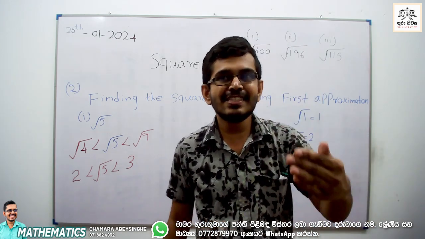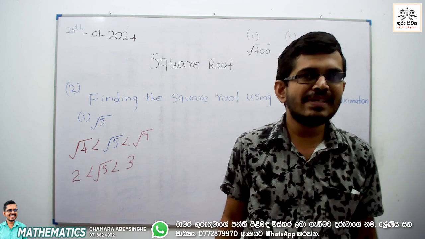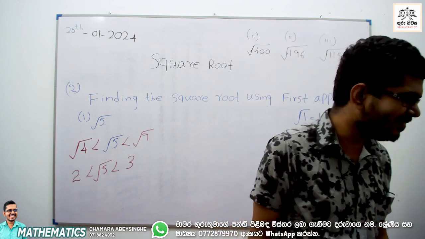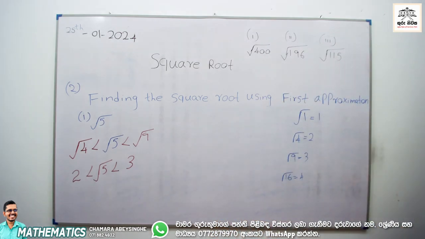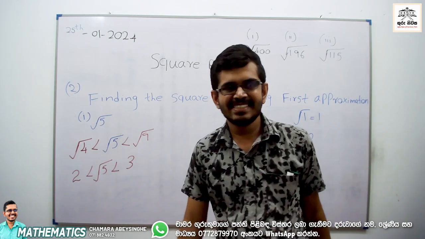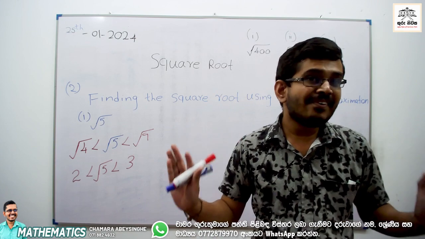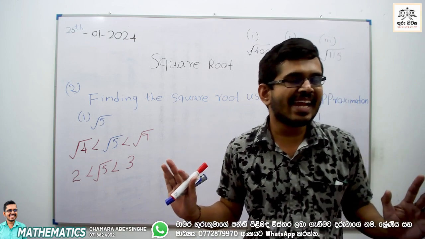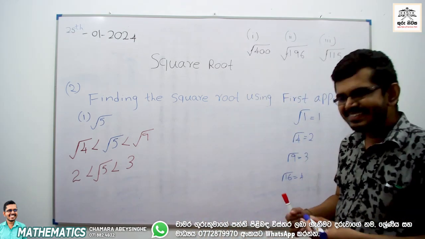What are the numbers, student, between 2 and 3? මොනවද පුතාලා 2 සහ 3 අතර තියෙන number? There are no whole numbers. Whole numbers no, but decimals you can see.